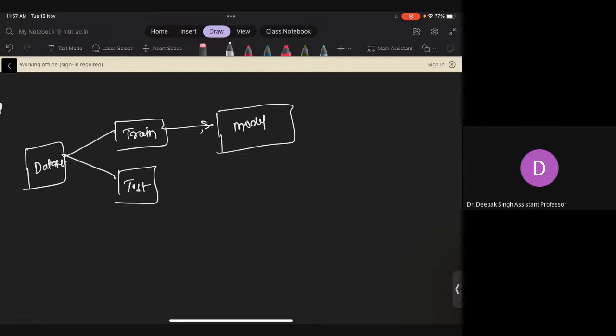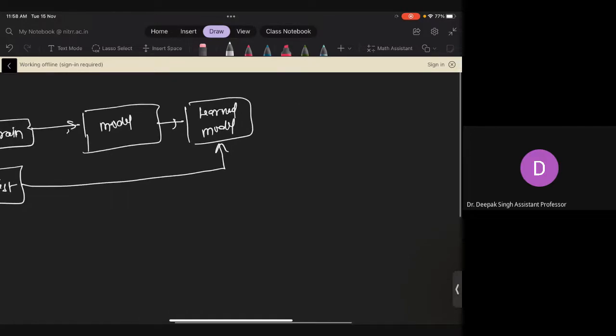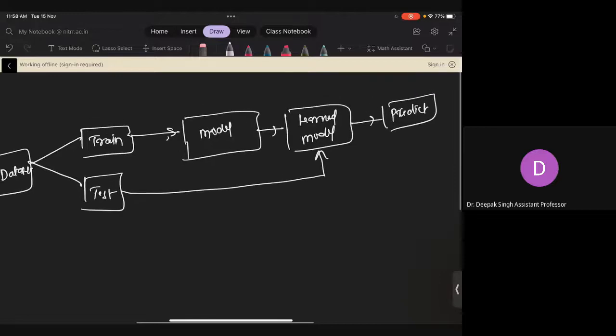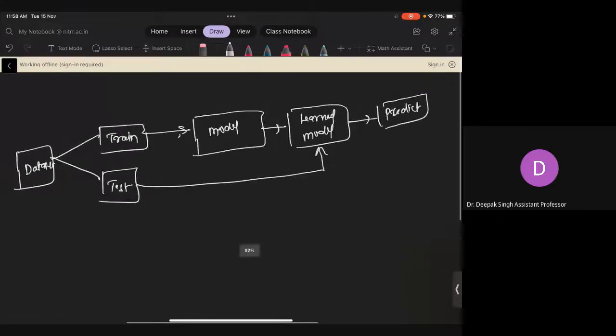Once the model is trained, we expect that a new model will be generated, which is called a learned model, which will take this test data and predict the output. I hope we know that these are very basic steps that will always be there in machine learning models.